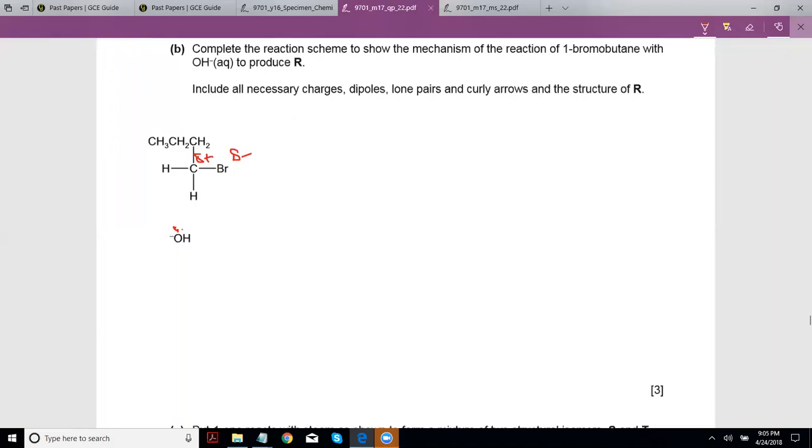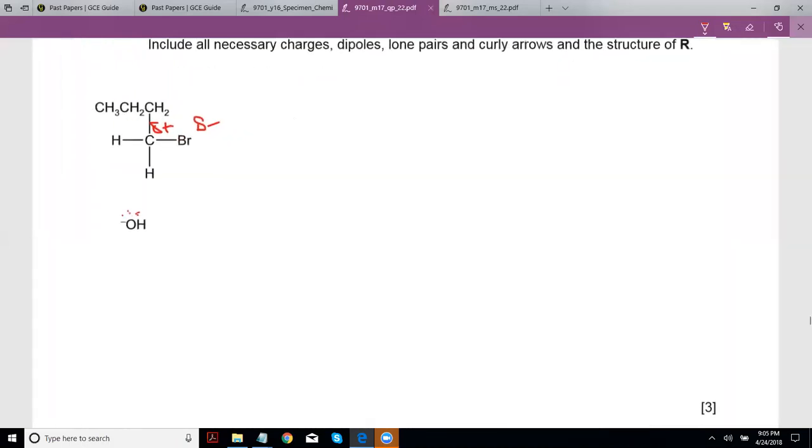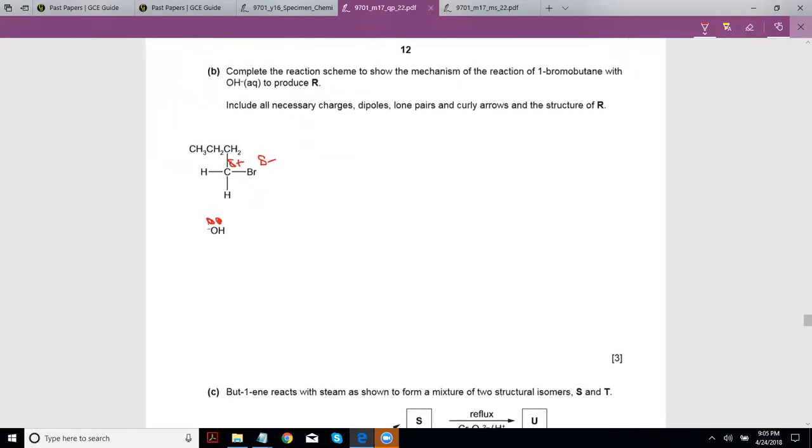If you have a nucleophile, you should draw the lone pair. This is a very poor attempt of mine to draw the lone pair. My stylus is not cooperating with me. Wait, let me zoom in further. Basically you have to draw two dots on the oxygen, right? And from the lone pair, you draw an arrow towards this.